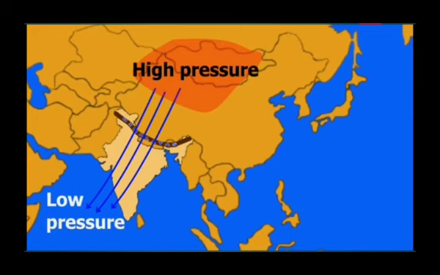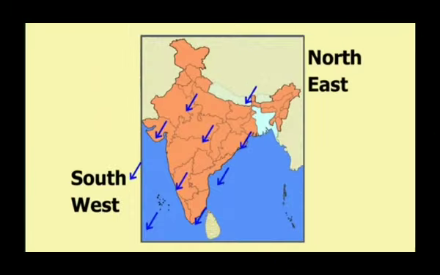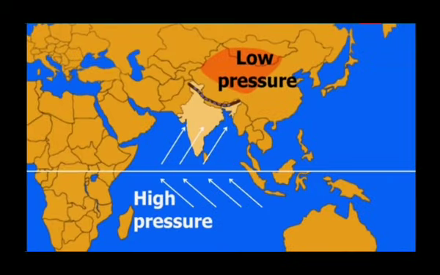Cool dry winds blow from this region to the low pressure area over the oceans to the south. In summer, a low pressure area develops over interior of Asia as well as over the northwest India. This causes a complete reversal of directions of winds during summer.